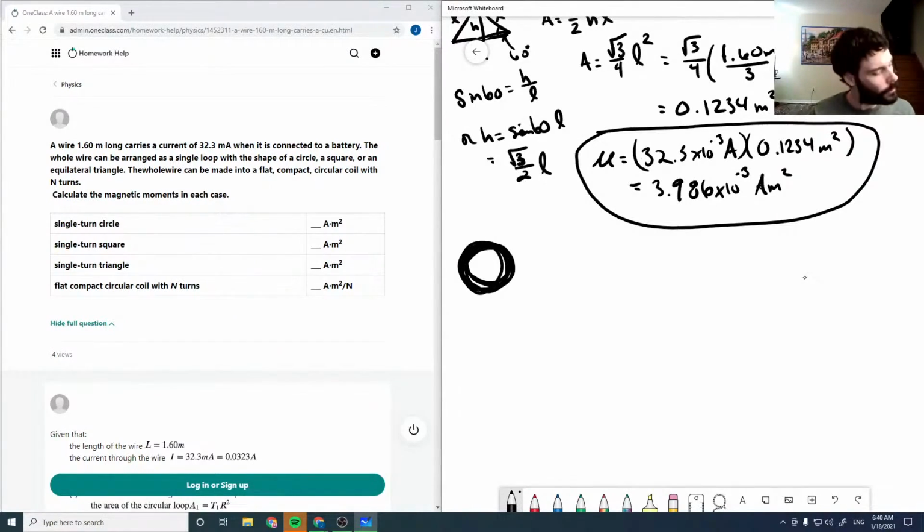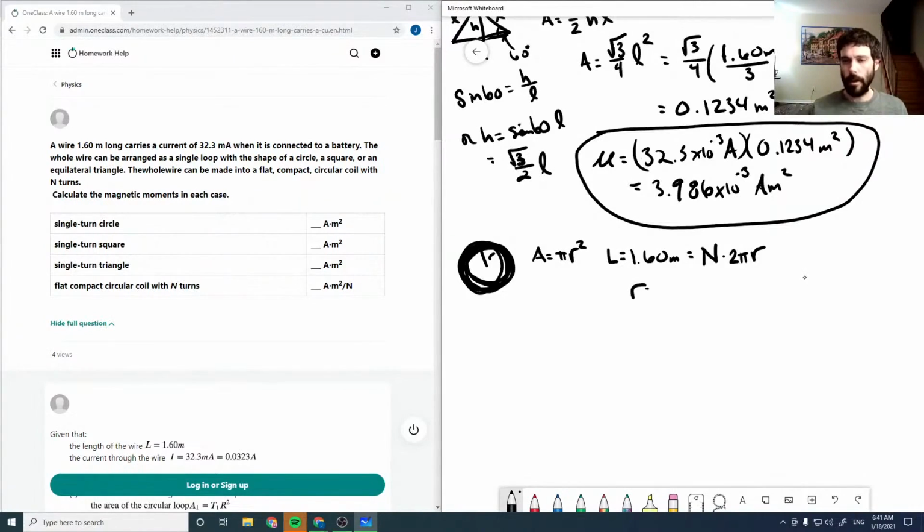Our area is still going to be pi r squared, but our length now is the 1.60 meters, which is going to be n, our number of turns, times 2 pi r, where r is our radius for our circle. n is our number of turns, and so we have n of our circumferences.